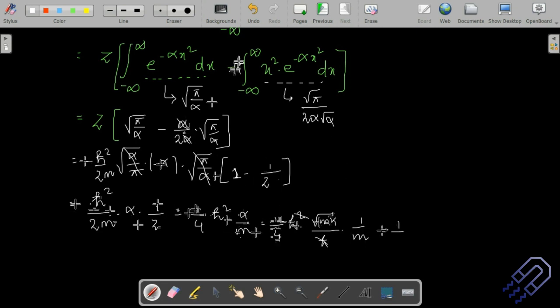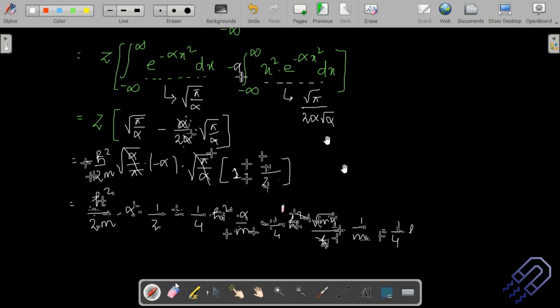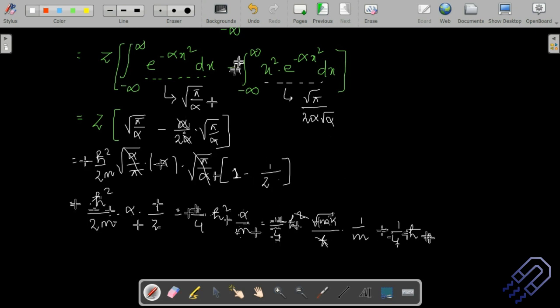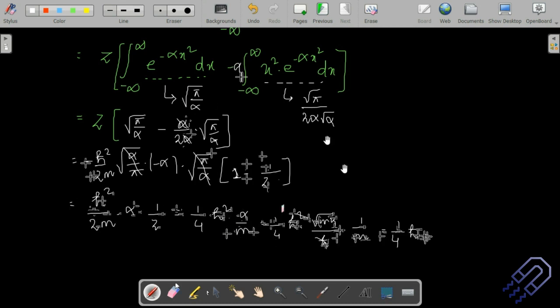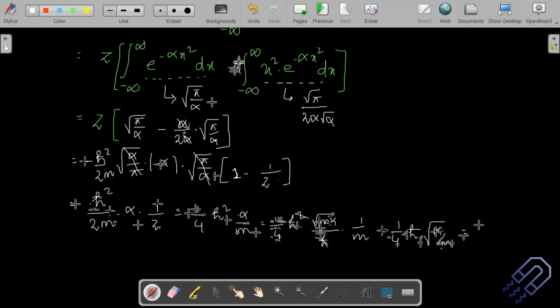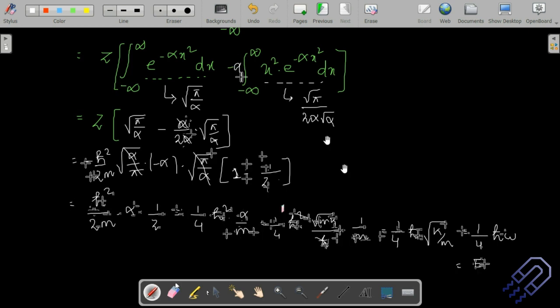This will again become 1/4 h cross and this is nothing but root of k by m, right? K by m, and that is nothing but omega. So again this is 1/4 h cross omega.